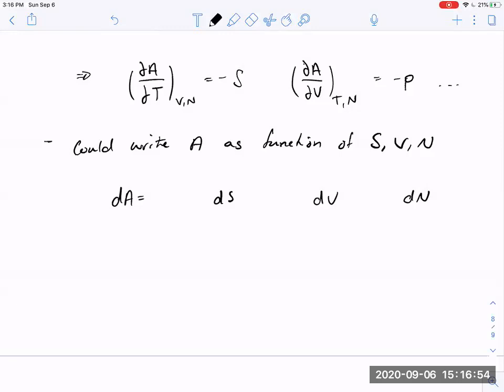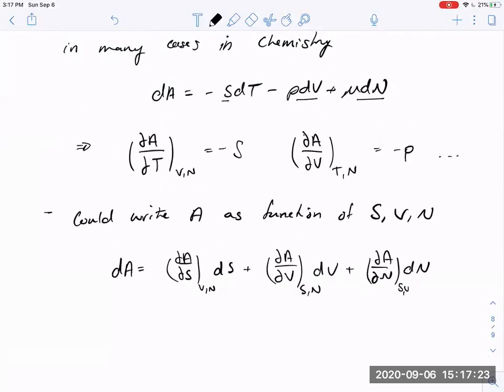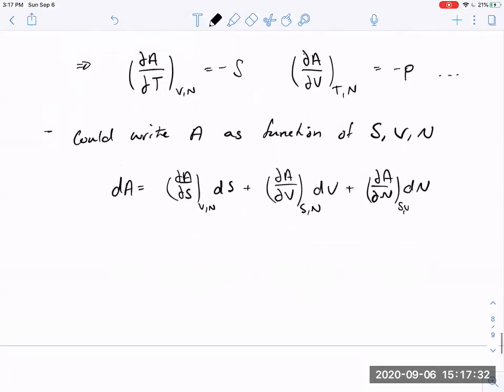Changes in the Helmholtz free energy through changes in the entropy occur through dA dS at fixed V and N. Changes due to the volume through dA dV at fixed S and N, and due to the number by dA dN at fixed S and V. Now, while S is simply related to dA dT, how the Helmholtz free energy changes with entropy is not so simple.